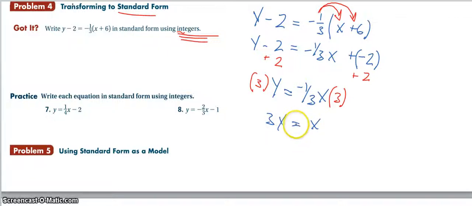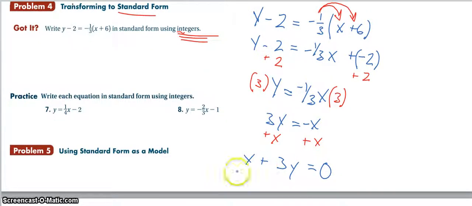So now I'm just going, actually I have a negative x, do not forget about that negative because we had it up there. So now I just want to add x to both sides because that will get my y and my x together on the left side. And that actually leaves me with x plus 3y is equal to 0, which is in our standard form.